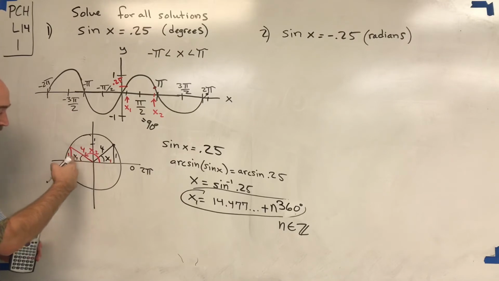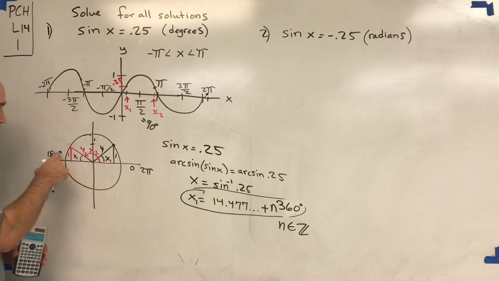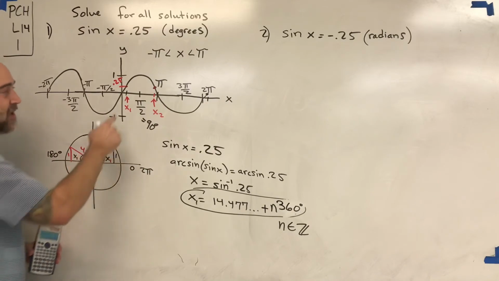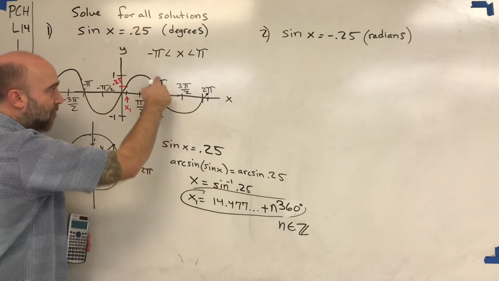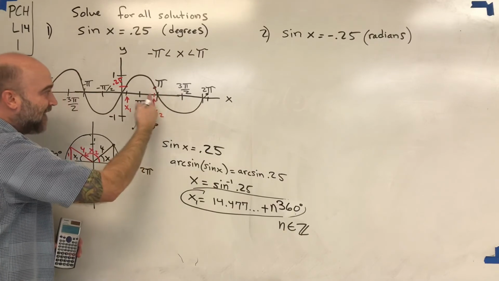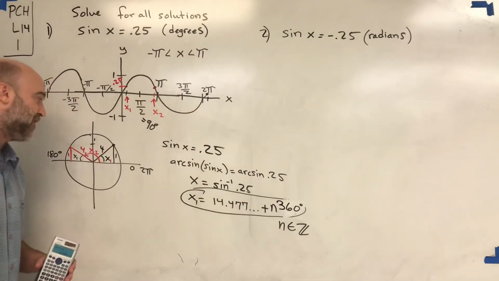That degree is x1 right there. This is 180 degrees. So if I take the x1 away from 180 degrees, that gives me that angle. Same idea here. If I have that pi, or 180 degrees, I take that little piece away, it lands me right where I want to be for my x2.